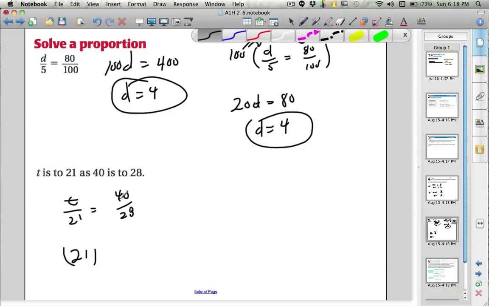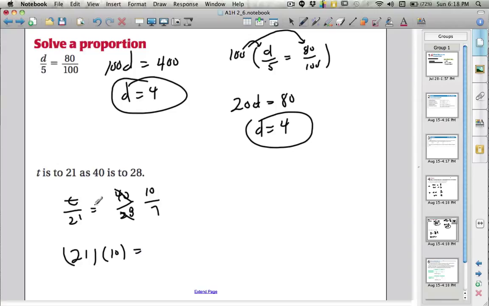So I can see that 4 goes into each of these values. So then this will be 10, and this will be 7, and now what I'm going to multiply is 21 times 10, that's a lot easier than 21 times 40, is equal to 7t. And actually when you look at it, you can see that I can divide both sides here by 7. 7 goes into 21 3 times. 3 times 10 is 30. t is equal to 30.